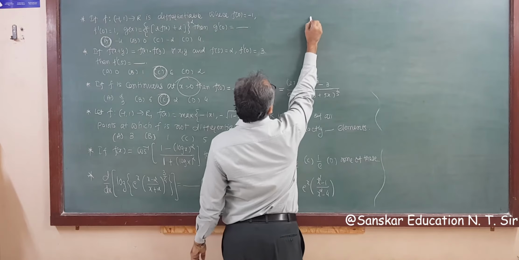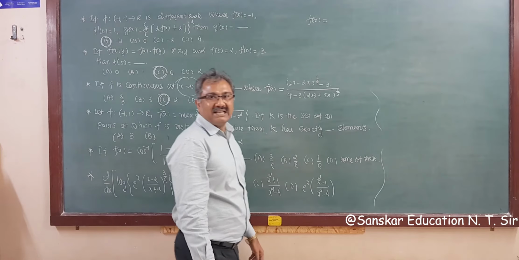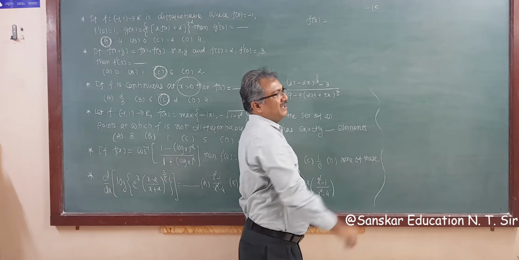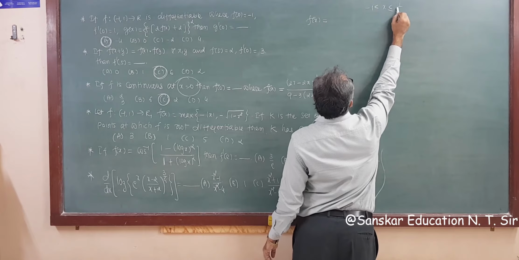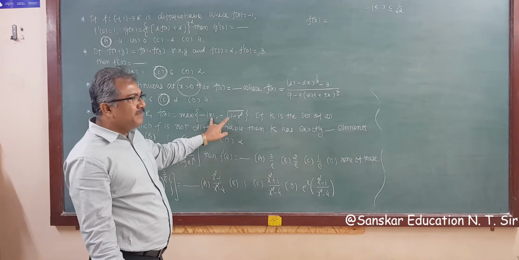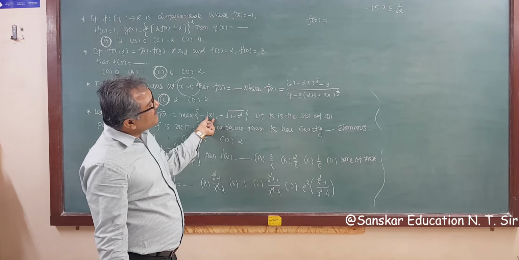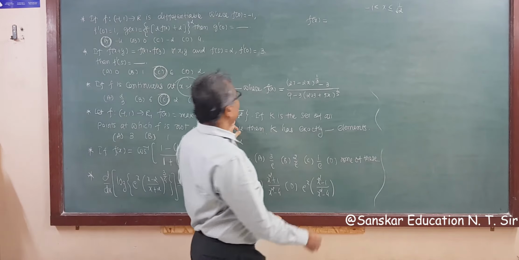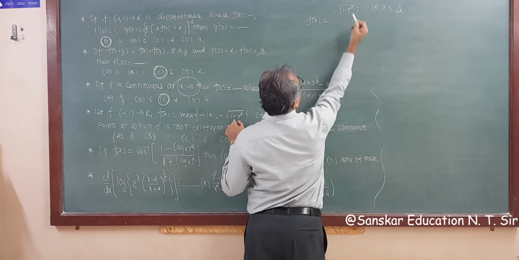If we take the values from -1 to 1 upon root 2, that is -1 less than x less than or equal to, suppose, 1 upon root 2, then the maximum is root of 1 minus x square, because if you take the value suppose 0, then this is 0 and this is 1. So the maximum is 1. So we have to take this function. So this is under root 1 minus x square is the answer, right?